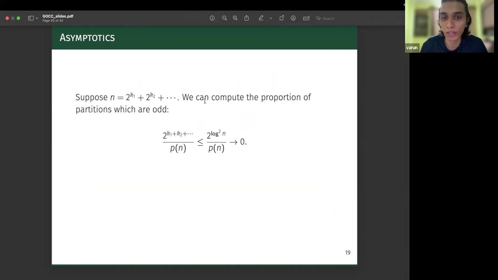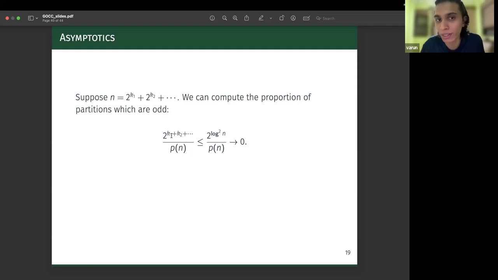And the way we do that is by dividing this number, which comes from Macdonald's formula for the number of odd partitions, by the total number of partitions, which is p of n. And so here we have a product of log n many terms, because the number of terms here is the number of digits in the binary representation, which is at most log n.